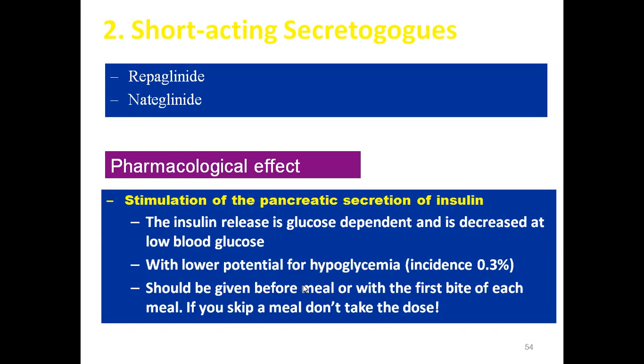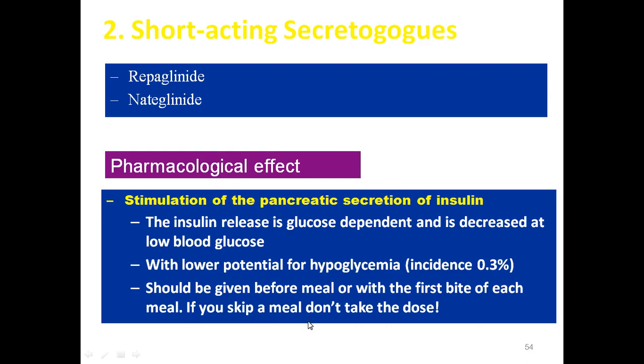Then we have short-acting secretagogues, repaglinide and nateglinide. They cause a glucose-dependent insulin release, so what happens? They cause the release of the insulin when there is excessive glucose in the body, and this insulin secretion is decreased at low glucose level. With a lower potential of hypoglycemia, they have to be given before a meal or with the first bite of each meal.